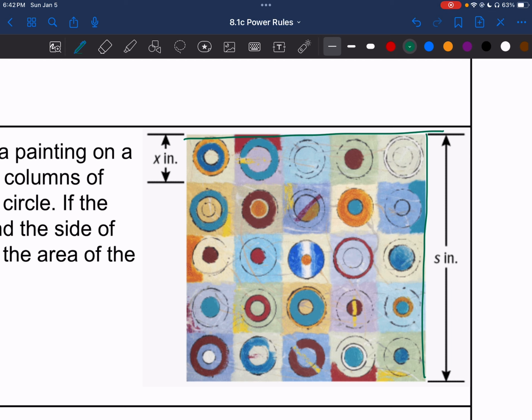Now, if we look at it though, one row is x. So this would be x, this is x, this is x, this is x, this is x, this is x, this is x, this is x, this is x, because each one of those is a square, right? So each side, each measurement is the same. So my side length is going to be 5 x's.